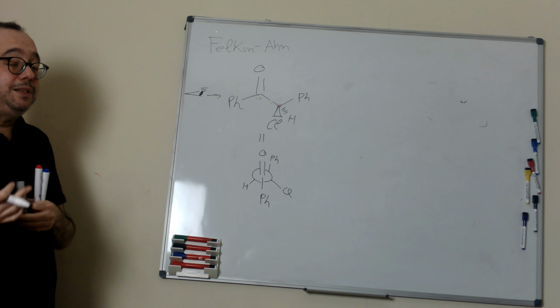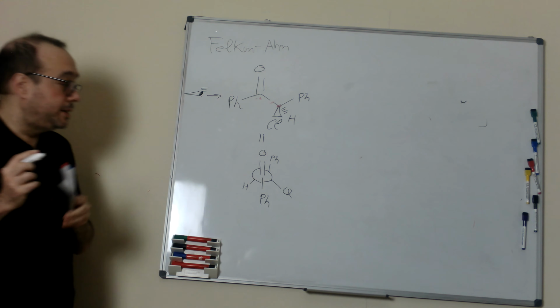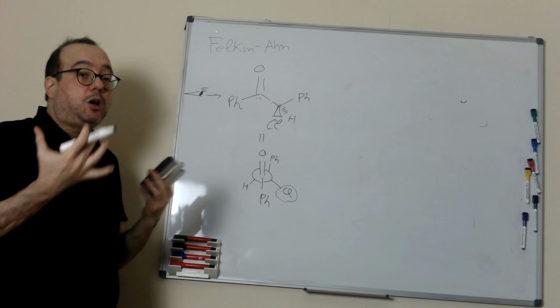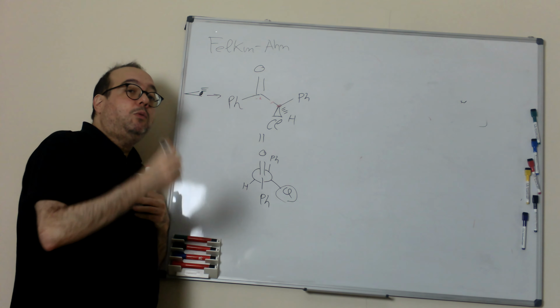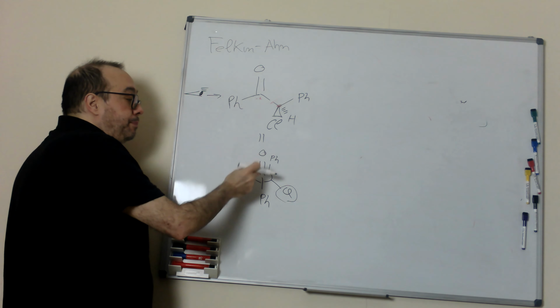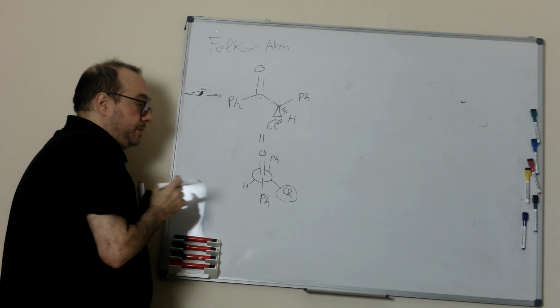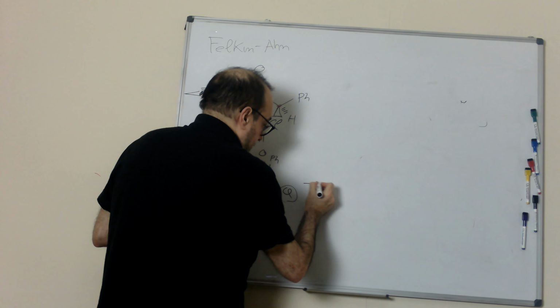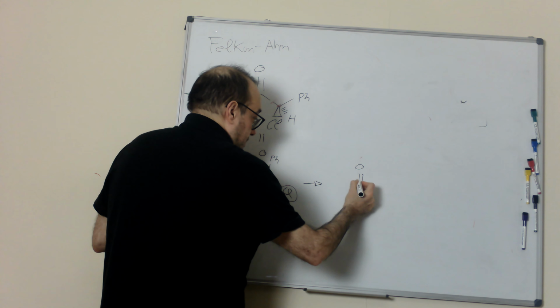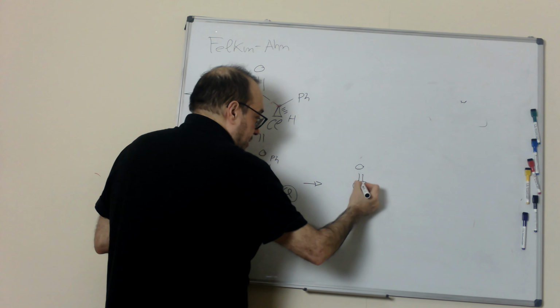What is the next step? The next step, and this is very important, is that this electron withdrawing group, this chloride, this bromide, this iodide, is the one that has the priority and has to be perpendicular to the carbonyl group. That means I have two options, like I showed you before.